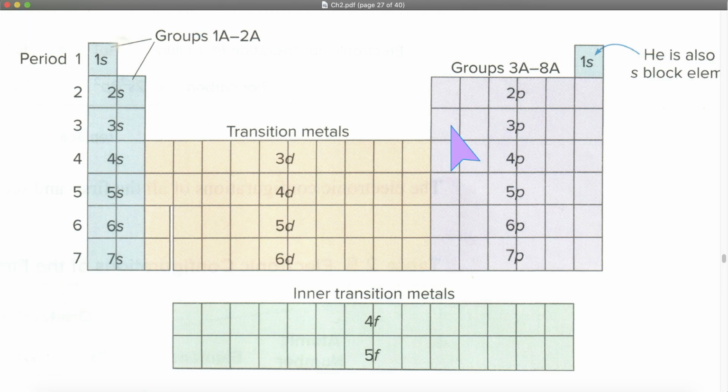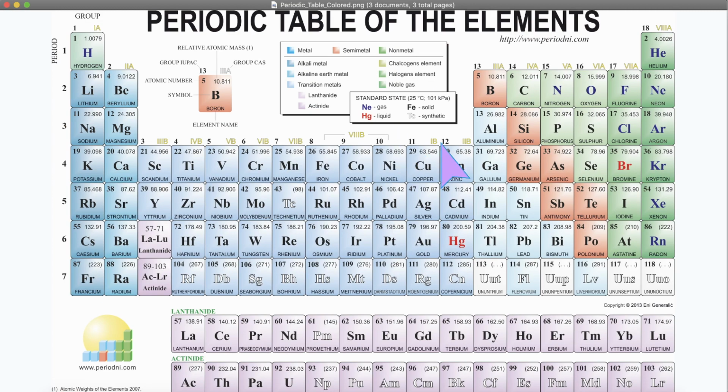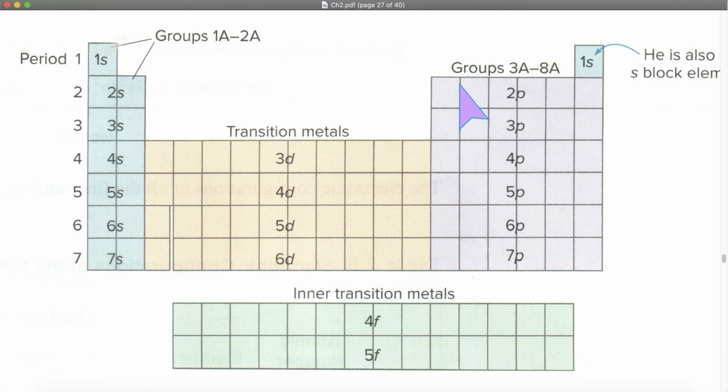So aluminum was right there, right below boron. And so 1s2, 2s2, 2p6, 3s2, 3p1.